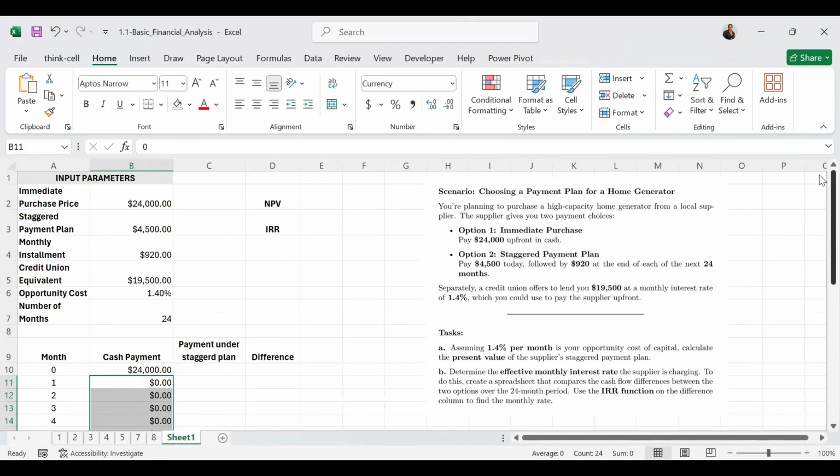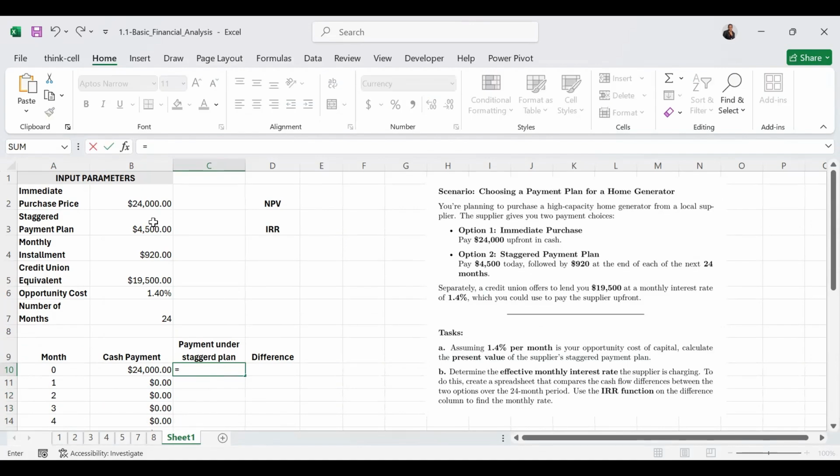What I will do next is to come to the payment under staggered plan. We are starting with $4,500, so I enter $4,500 and make it absolute. Then I will enter my monthly installment, which starts from month 1.